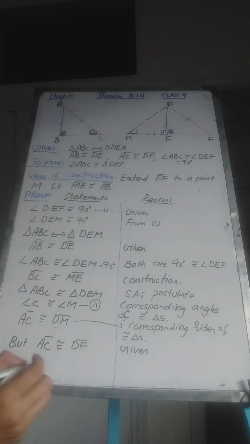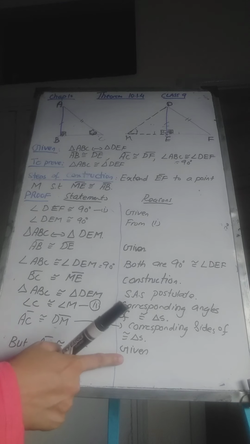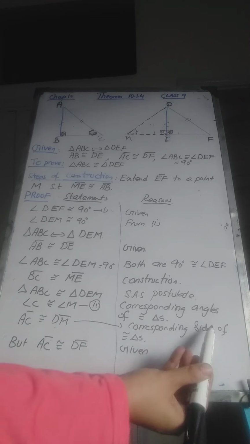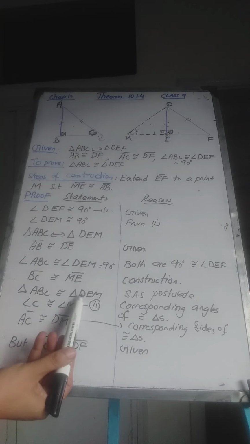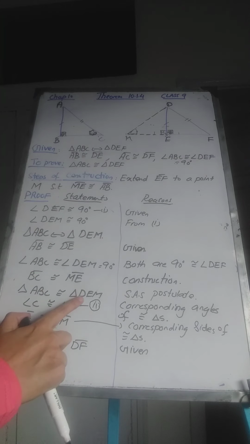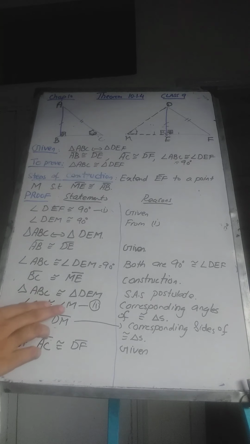AC is congruent to DF. This was given to us. And AC is congruent to DM. This was because corresponding sides of the congruent triangles. As these two triangles are congruent, AC and DM are corresponding sides.